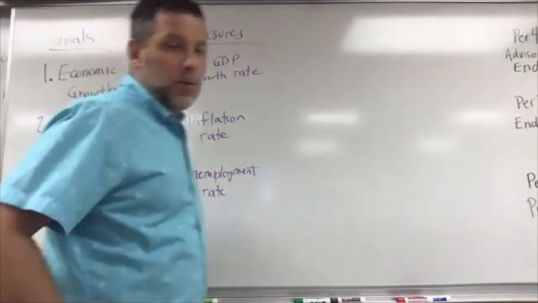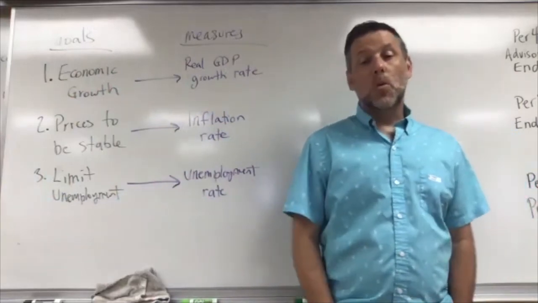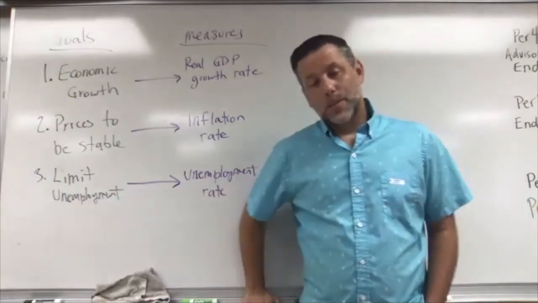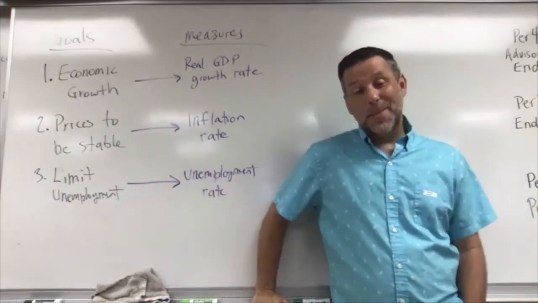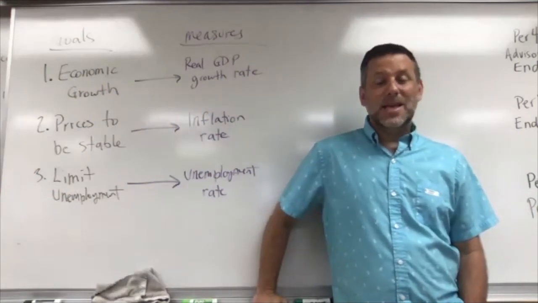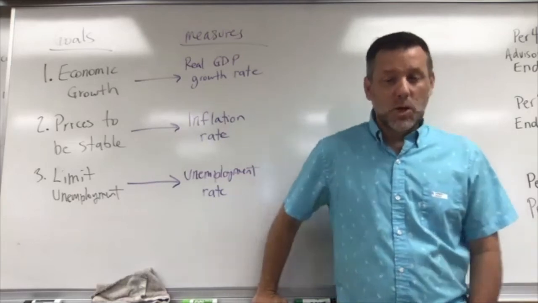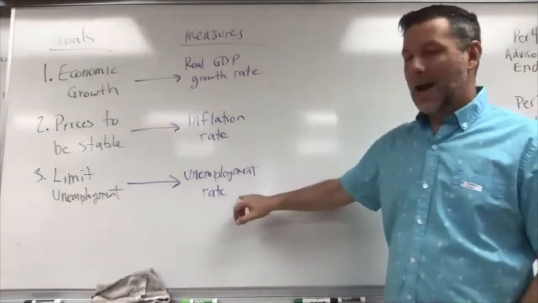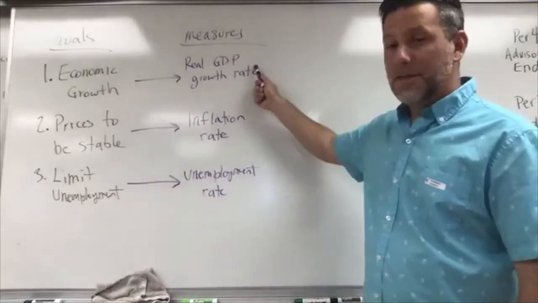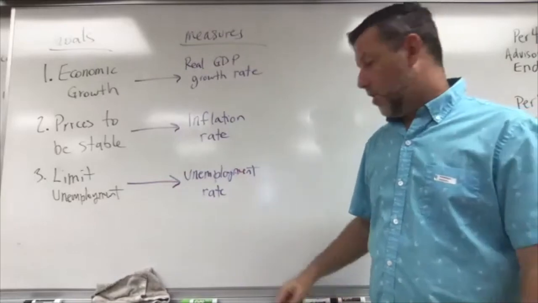When our unemployment rate goes up, that means that there's more workers looking for a job and can't find one. When our unemployment rate goes down, that tells us that more workers are able to find jobs than they were before. So our unemployment rate tells us what's happening with the amount of unemployment in the economy. So these are the three main things that we're going to use to figure out what's going on in our economy.